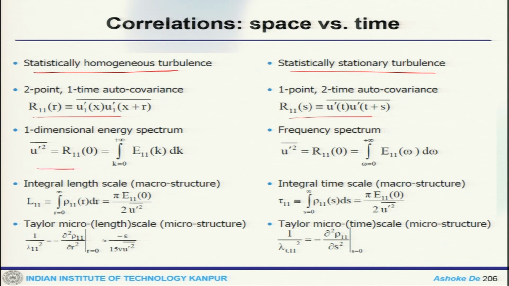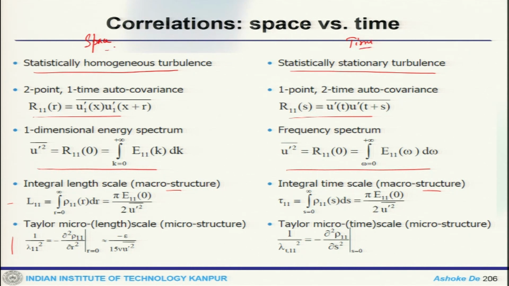Then the one-dimensional energy spectrum will get you back u prime square; this is the frequency spectrum. Then we can estimate the integral length scale, which is the macro length scale of the macro structures, and this is the time scale which we get. Then there are the Taylor micro scale and the Taylor micro time scale. So this is what it is in space and this is what it is in time.